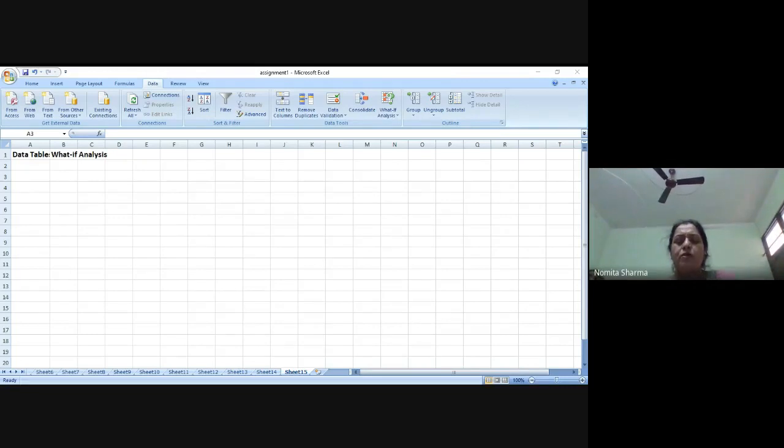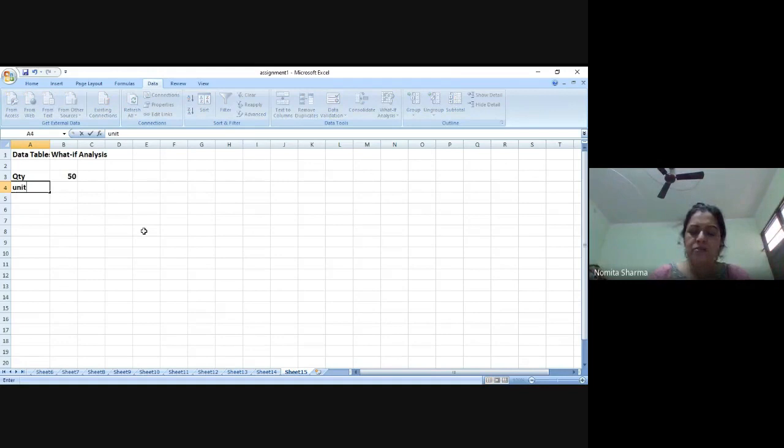So going back to our sheet, I will just make this sheet in a quick manner. I have the first variable as the quantity, which I have taken as say 50. Then the second variable I take as unit price, which is, let's take randomly 3.2.